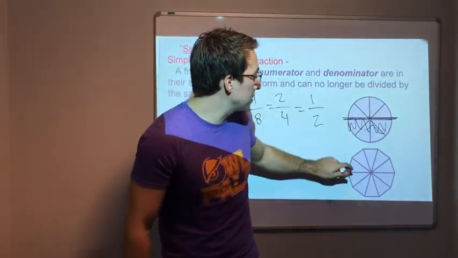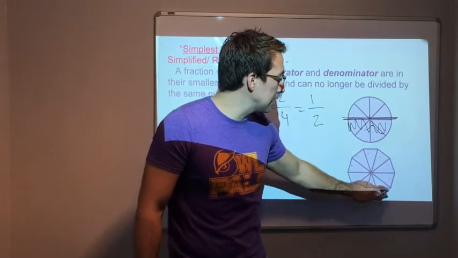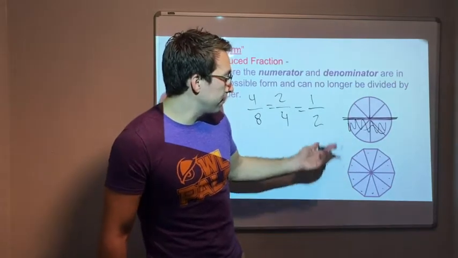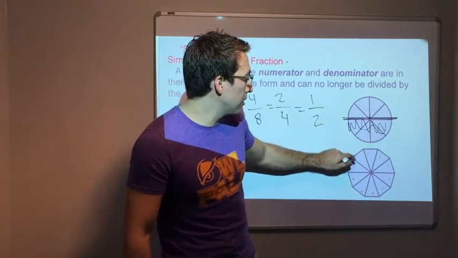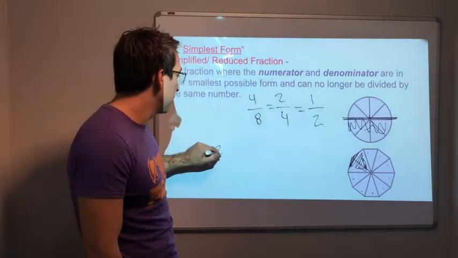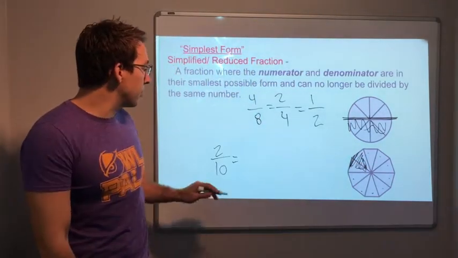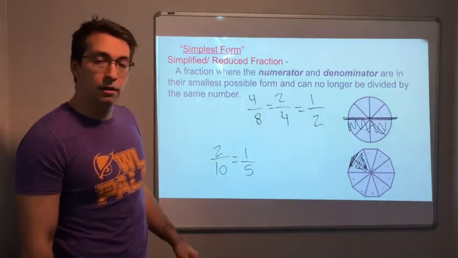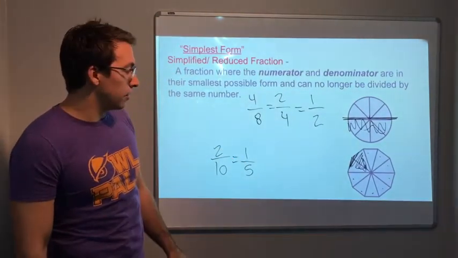So here we have 10 pieces. 1, 2, 3, 4, 5, 6, 7, 8, 9, 10. Let's say that we have 2 of those pieces. Okay, so we have 2 out of 10. We can divide them both by 2, so we get 1/5. 1 out of 5, okay?